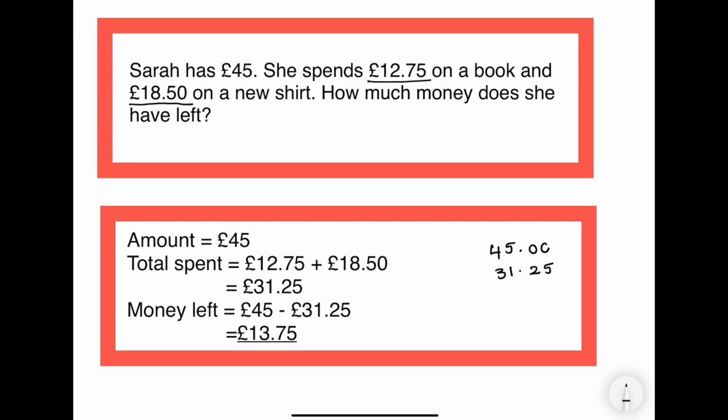We don't have decimals for 45, so we need to use zeros as placeholders. So the money left is 13 pounds 75. So the answer is 13 pounds 75.